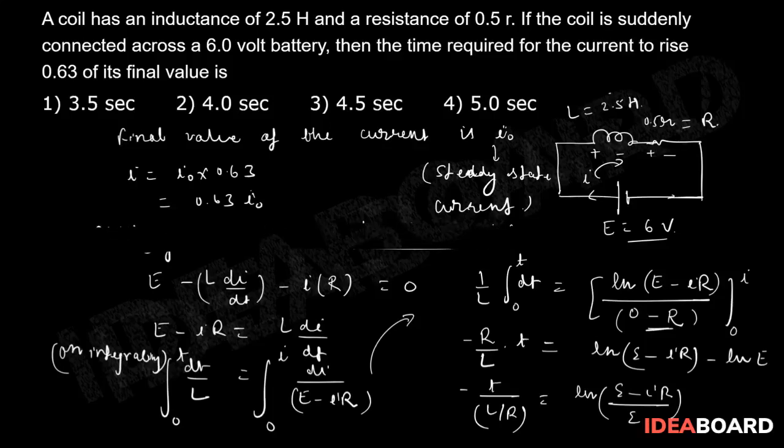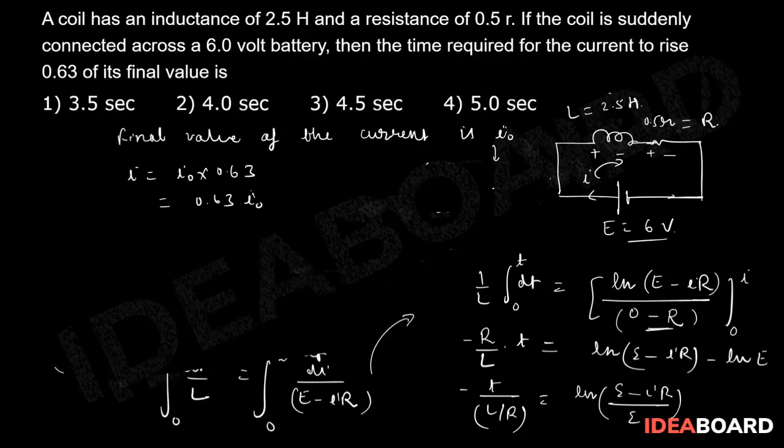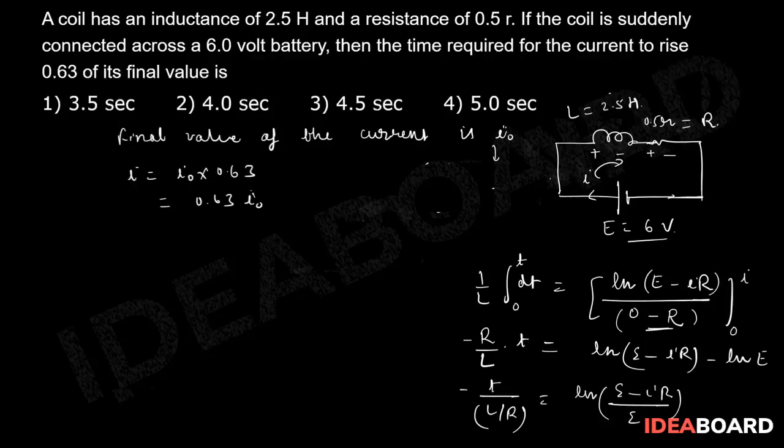Now let me remove these things. I am removing this segment which I don't need right now. So I am very close to getting this expression. I should suggest you to remember this formula because it is highly important. L by R can be written as tau, which we define as the time constant.